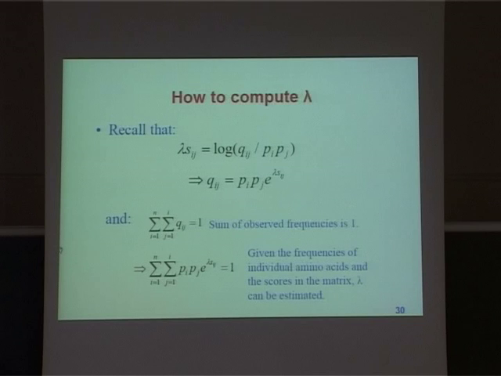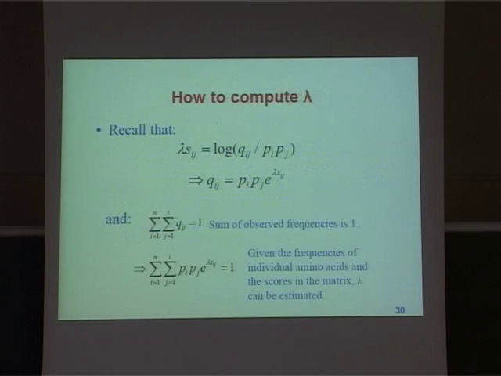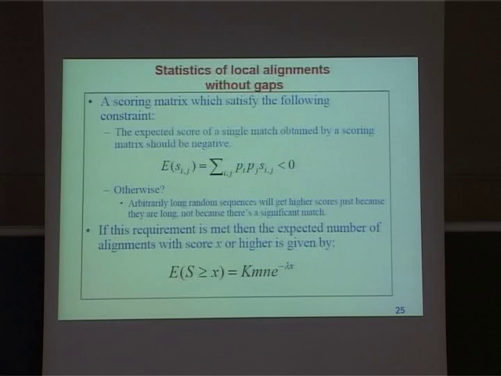Lambda can be estimated by using this. So this is how they worked out to compute the E value of an alignment. This formula is actually used in BLAST E value computation.